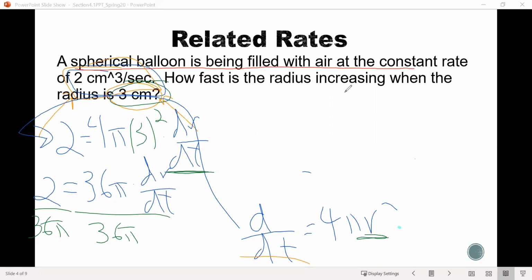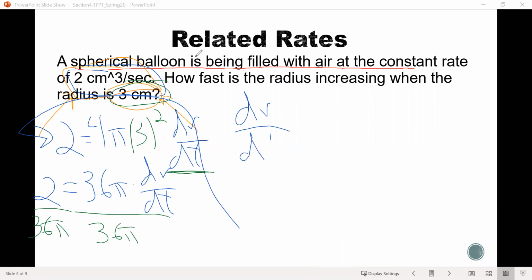Hopefully you see that what we end up with is dr dt equals 2 over 36 pi, which I think can reduce to 1 over 18 pi, which if I plug that in the calculator, it looks like I get something like 0.018. Okay. So good, we found that rate of change.